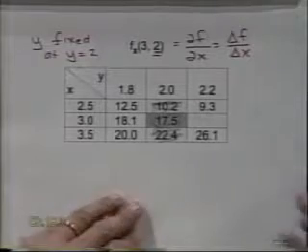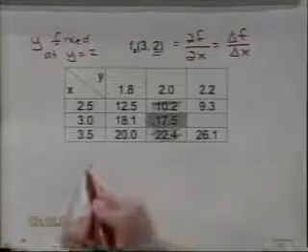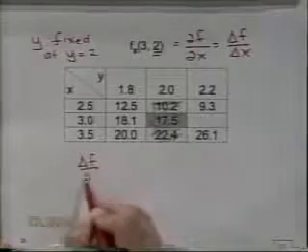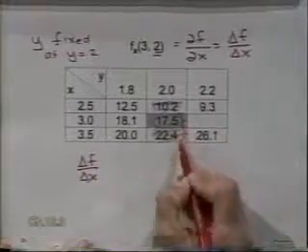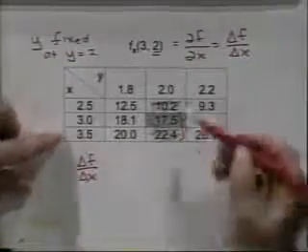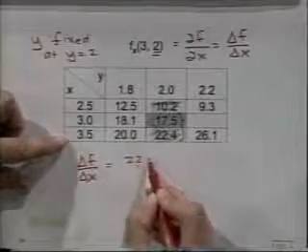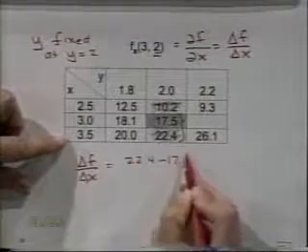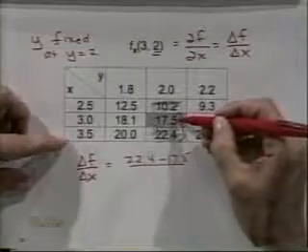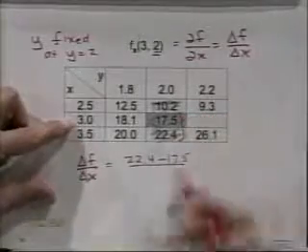All right, so we have two different ways that we can do this. We can get change in f over change in x using this data. My f values are 22.4 and 17.5, so I can go 22.4 minus 17.5. And if I go this minus this, how are my x's changing? 3.5 minus 3.